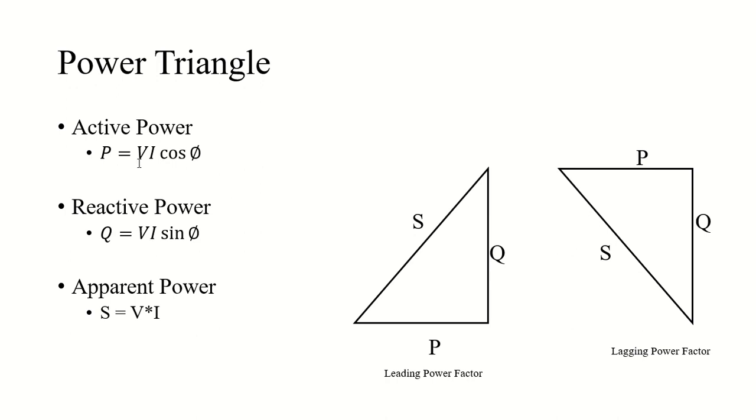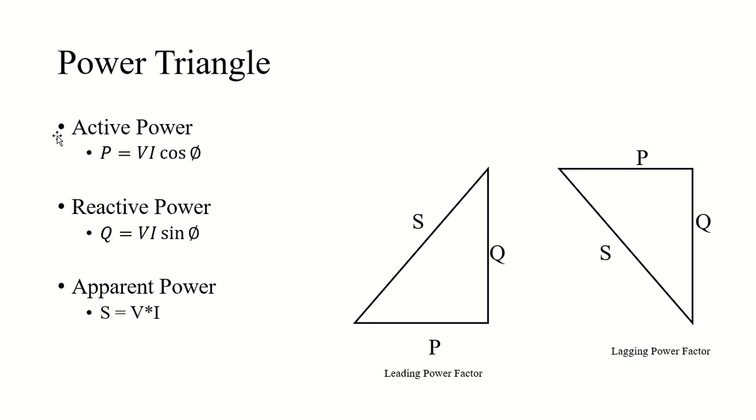Active power P is given by P equals VI cos phi. Here V and I are voltage and current, and phi is the phase difference between voltage and current. In this diagram, phi will be somewhere around here. Based on that, cos phi will be P upon S.